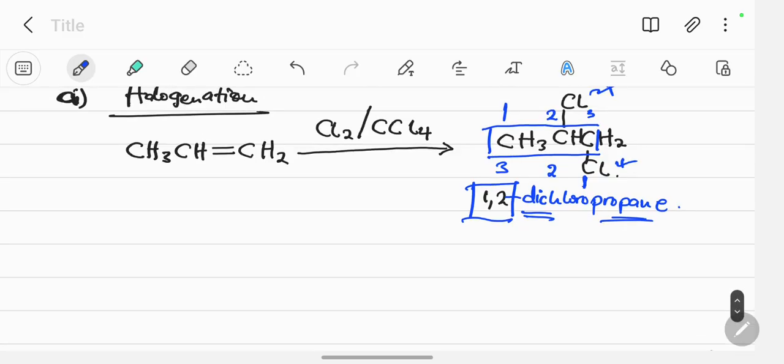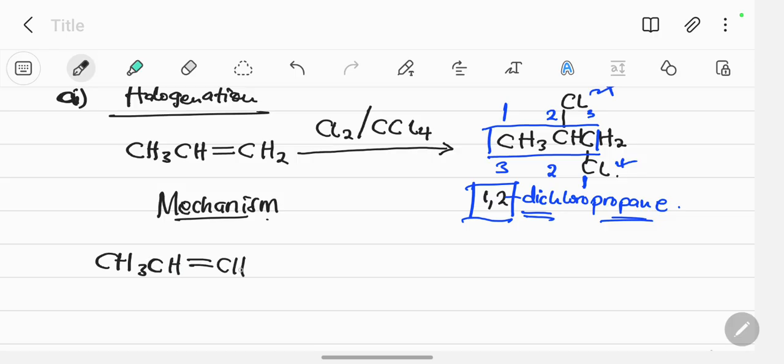And the mechanism. The mechanism is a bit short. Under the mechanism, we have CH3, CH double bond. Alkenes are having double bonds, and it's this double bond that goes on to attack the chlorine.